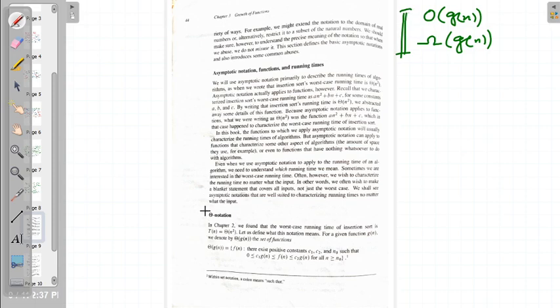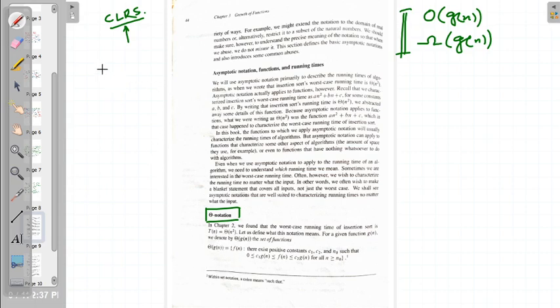Now the next notation that we will discuss is the theta notation. Again, today's lecture is based on the CLRS book. If you are trying to consult the CLRS book, this will be really handy.